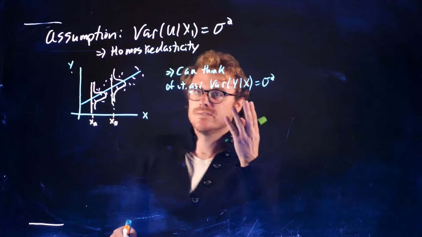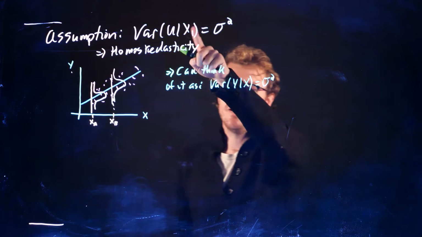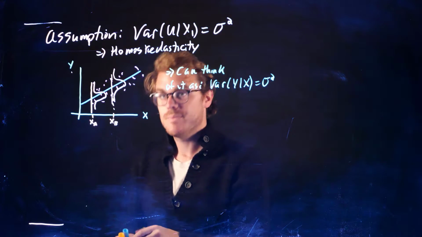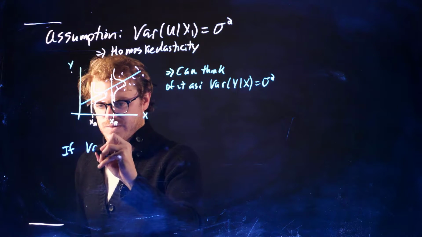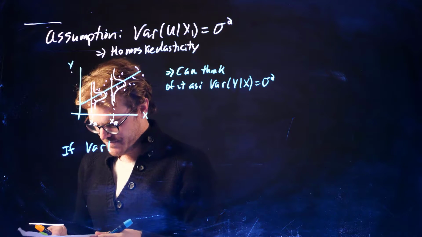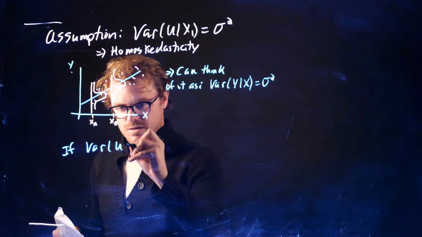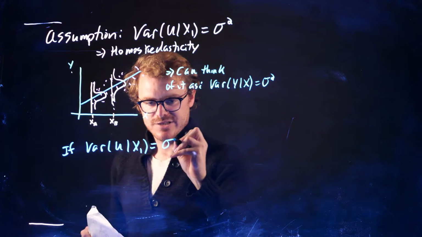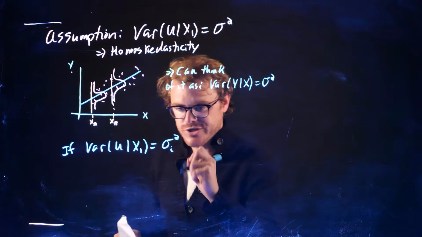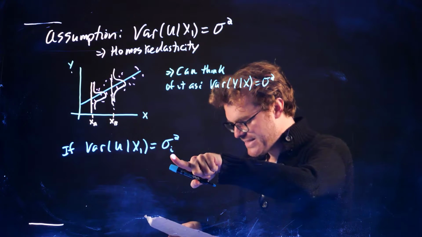So if the variance of u does depend on x, maybe I'll write that down somewhere. If the variance of u given x1 is not constant, we usually put an i subscript down here.